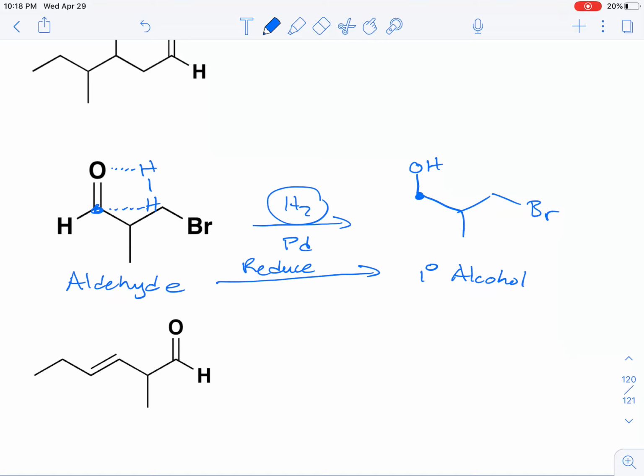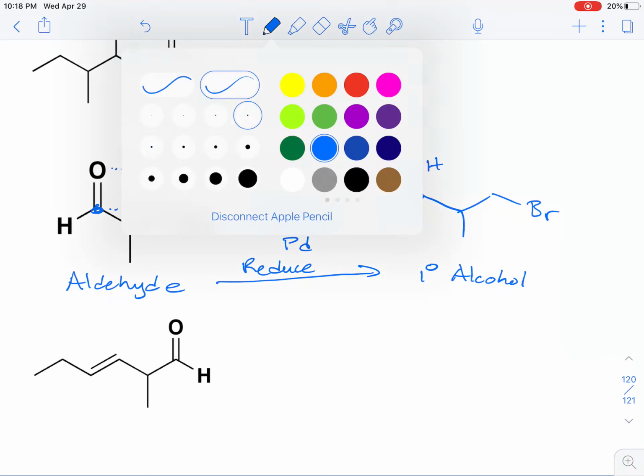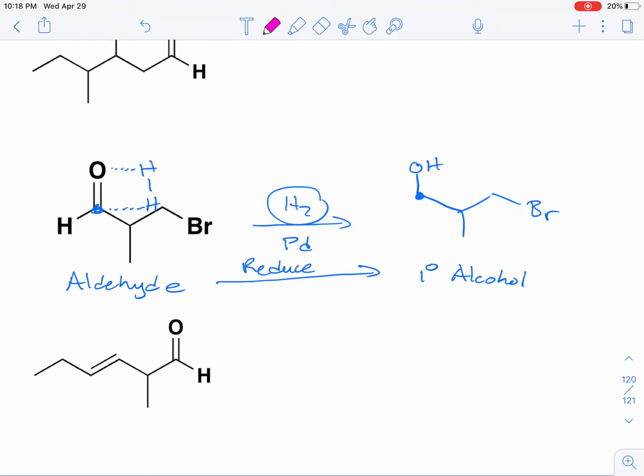And so since I'm depicting a skeletal structure, I'm not really obligated to write those hydrogens down. But if I wanted to write them down just to show my work, I can. The reason why I'm writing it in pink is for you to see where that hydrogen is located.